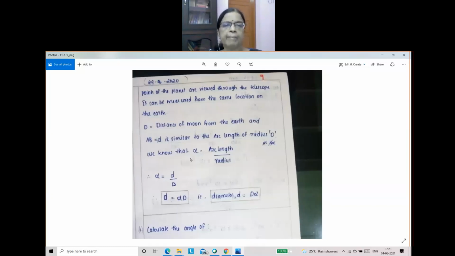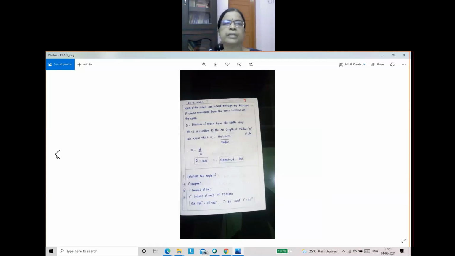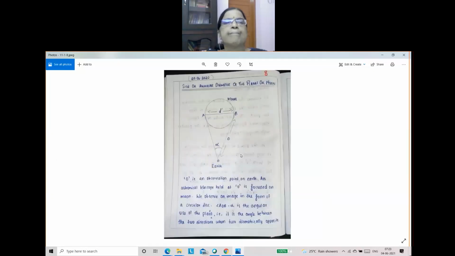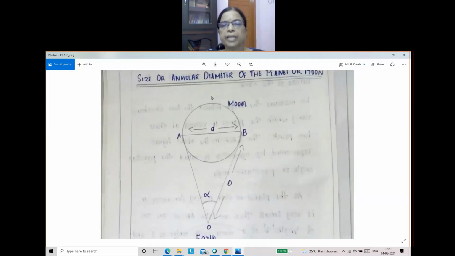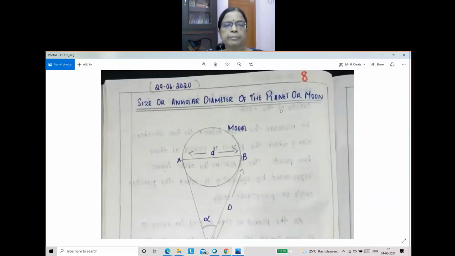What is the question related to that? Like that, the question comes: Explain a method used to find the diameter of the moon. Or, Explain a method to measure size or angular diameter of the planet or moon.